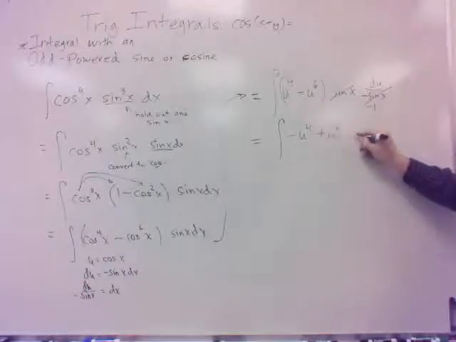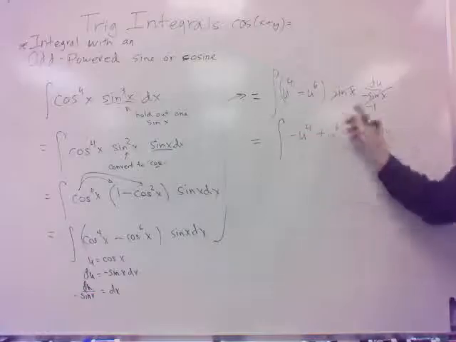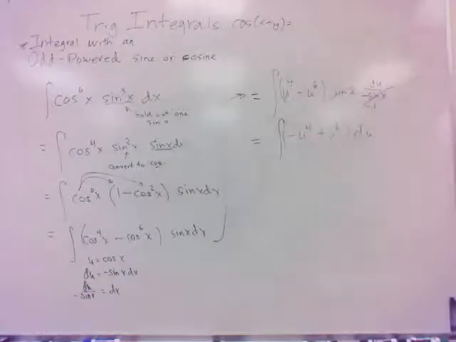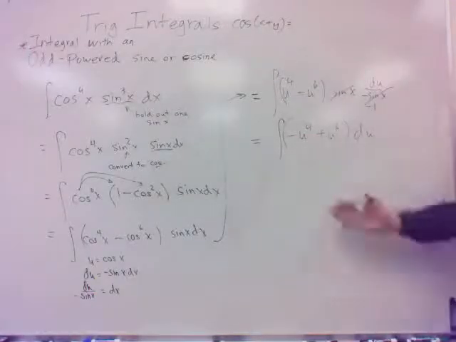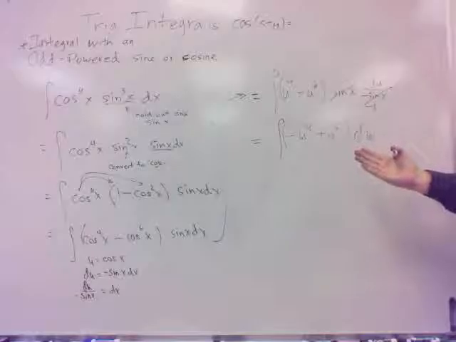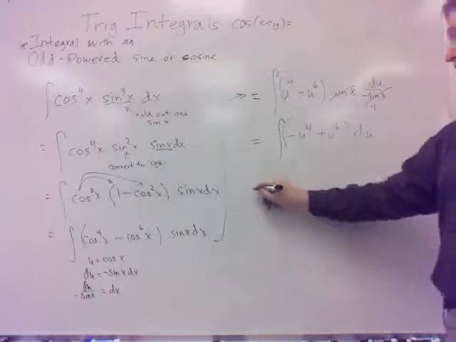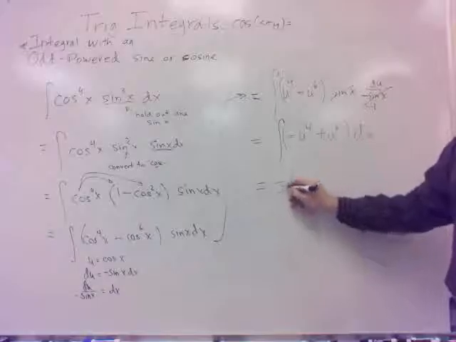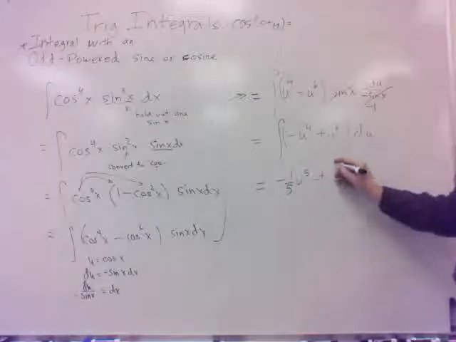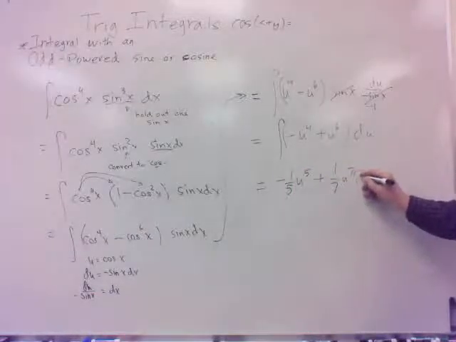You with me on that? Go ahead and multiply in that minus 1. But now what do I do? That's just the antiderivative power rule. That would be negative 1/5 u to the fifth, plus 1/7 u to the seventh, plus c.